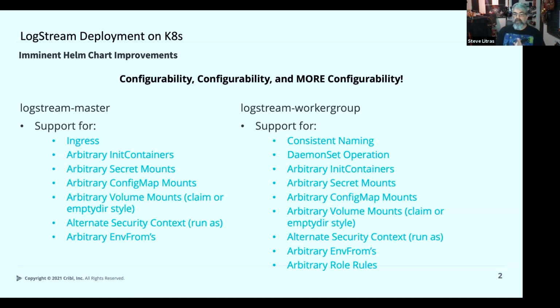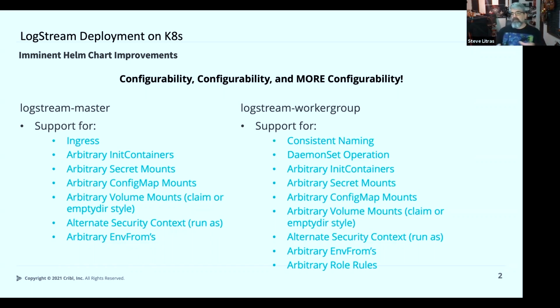The other thing that is separate on the worker group is arbitrary role rules. In the later versions of the Helm charts, the worker group chart, we added RBAC setup. RBAC setup is within Kubernetes. It's effectively the ability to get at the Kubernetes API. Now we use this internally for doing collection against the API for pod information and that kind of thing.